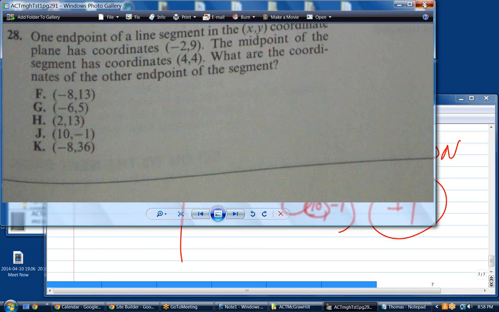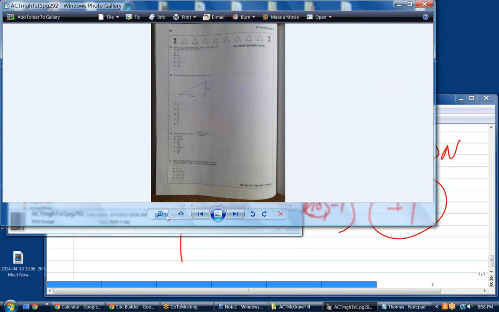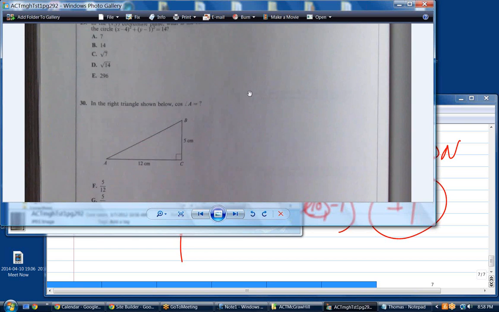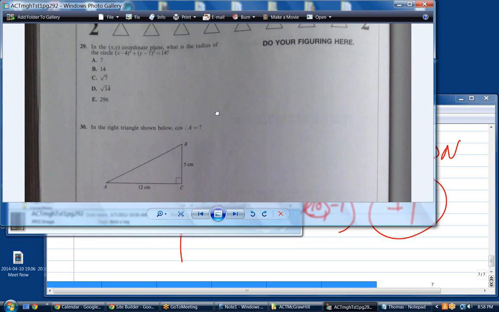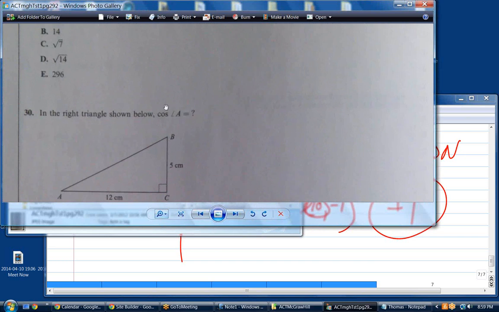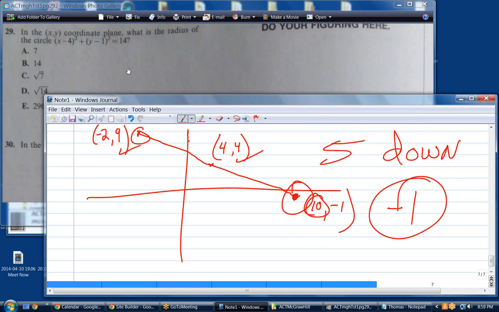And let's see what one more looks like there. Okay, this is a good one. Let me blow it up a little bit. There are exactly 2 questions on conic sections.